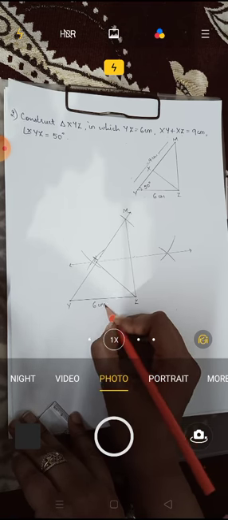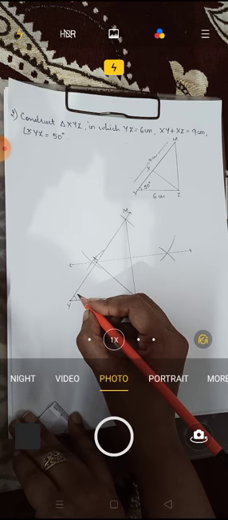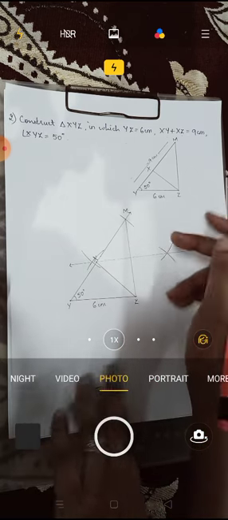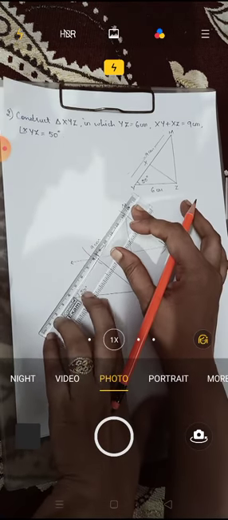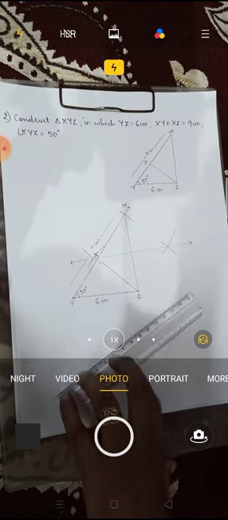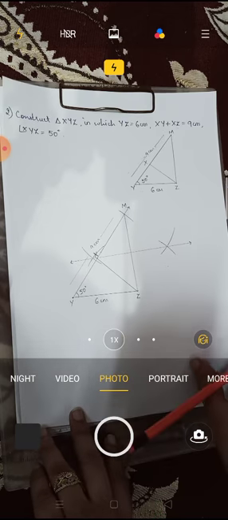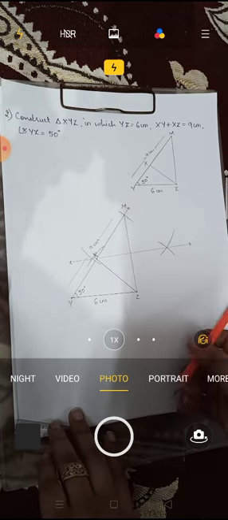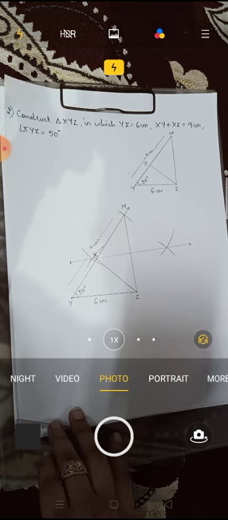This is 6 centimeter and 50 degree, and this side we got 9 centimeter. So this is the required triangle. Third sum you can try on your own, and fourth sum is not there, it is reduced from the syllabus.